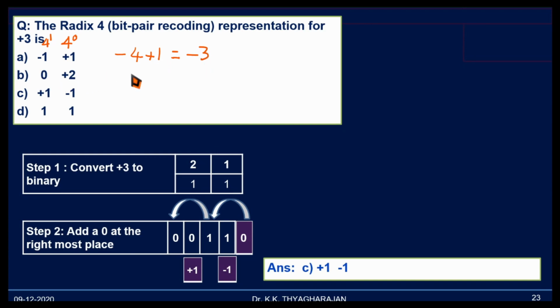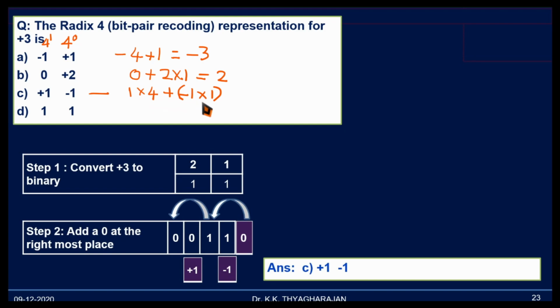In the second case, it is 0, then plus 2 into 1 is equal to 2. And in the third case, it is 4 into 1 plus minus 1 into 1.